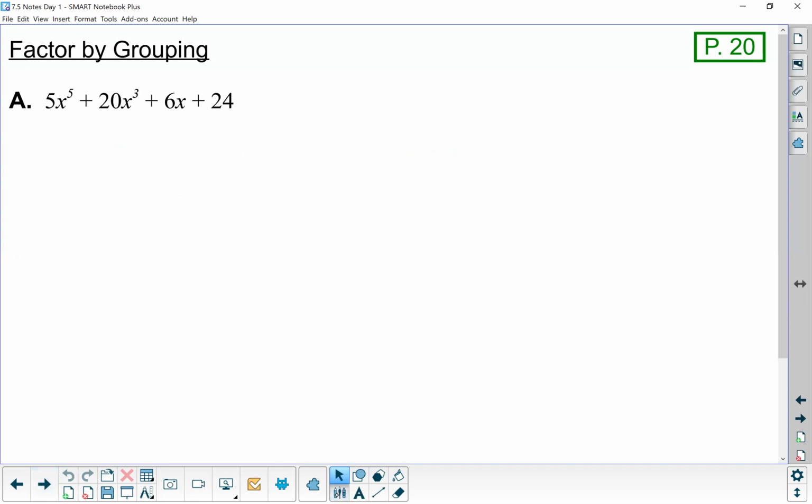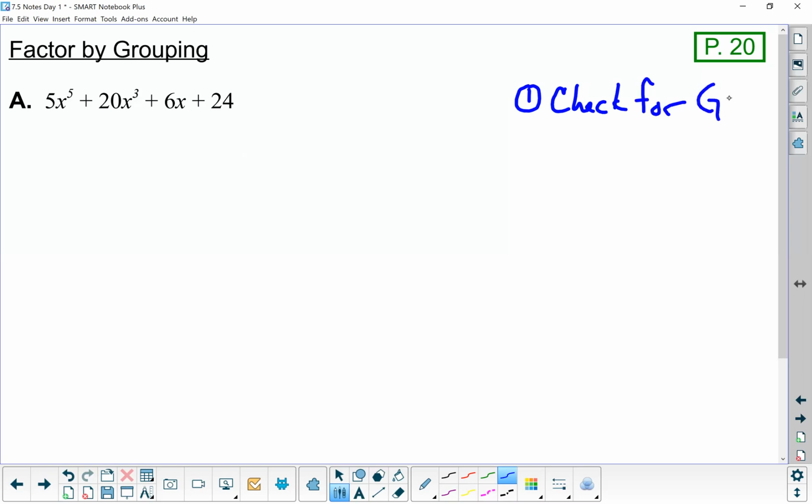So I didn't put a spot in your notes as far as kind of the steps for the process. So I'm going to write them on the side here. And so we check all four terms. Is there a greatest common factor?